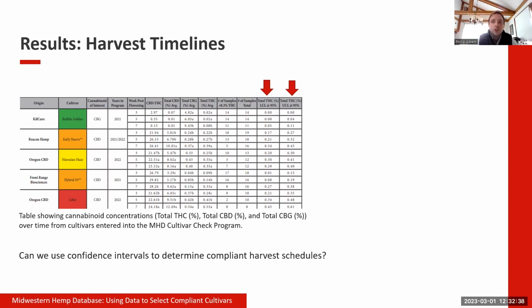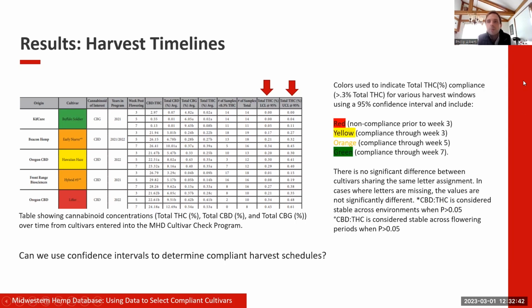And we did this for all genetics entered into the trial over the last 2 years, and with the hope of, again, creating this harvest timeline. So varieties that are highlighted in red were non-compliant at 95% confidence before week 3. Varieties in yellow were compliant through week 3.